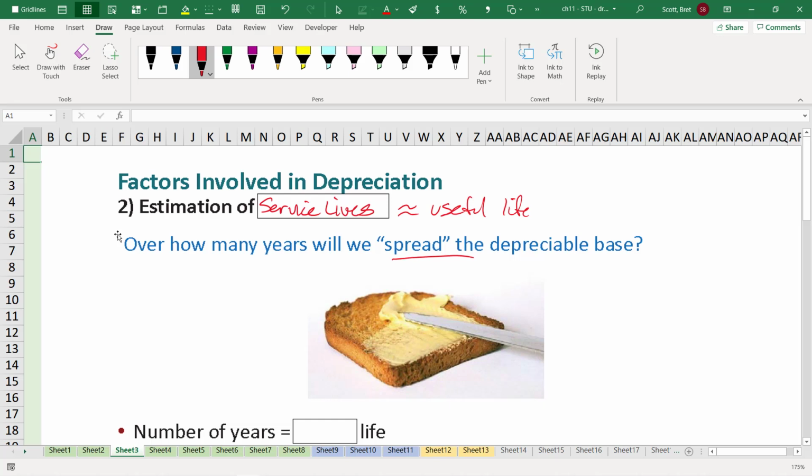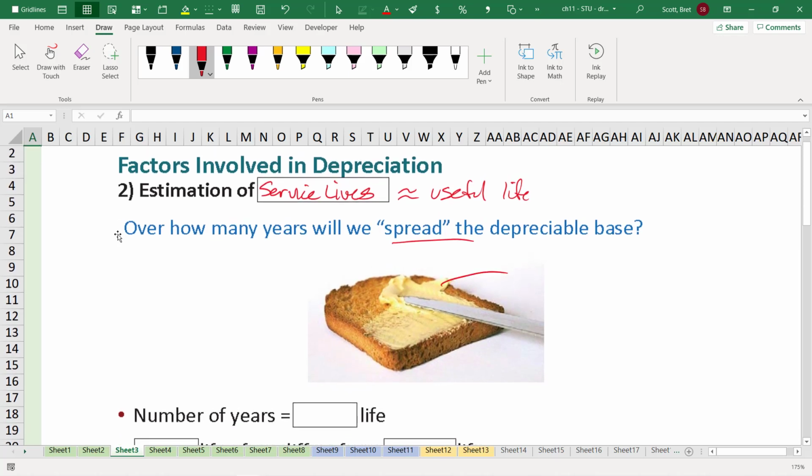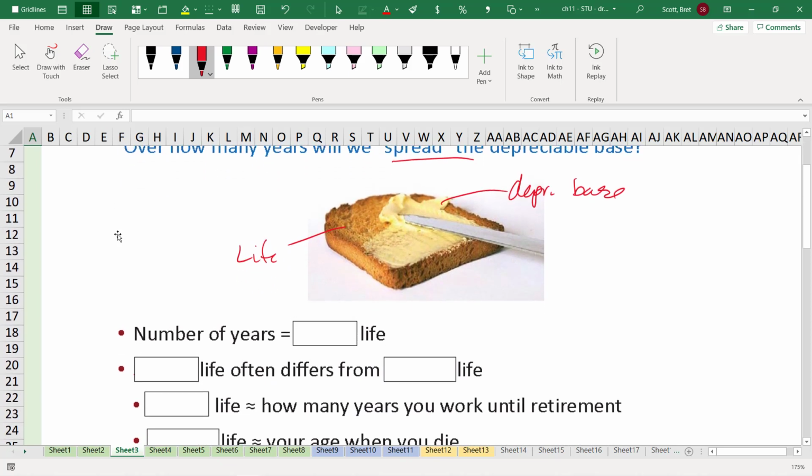Maybe the bread is really big. Maybe it's really tiny. The size of the bread determines the overall life over which we're going to spread the depreciable base. The number of years is usually what we're going to use to determine the service life.